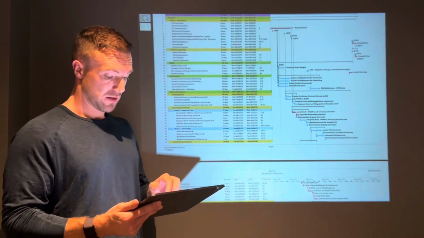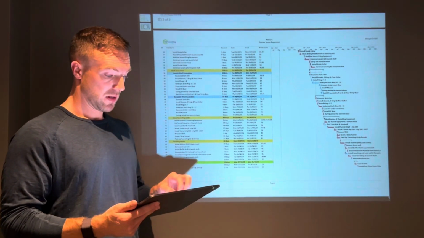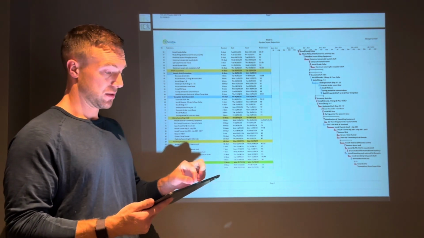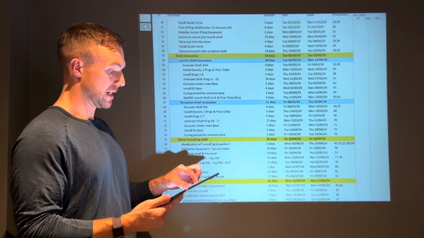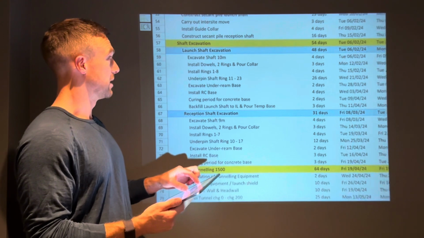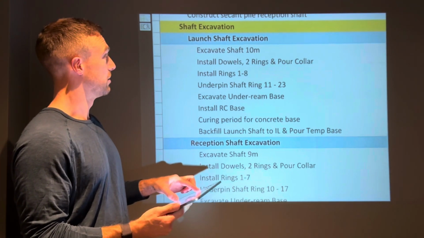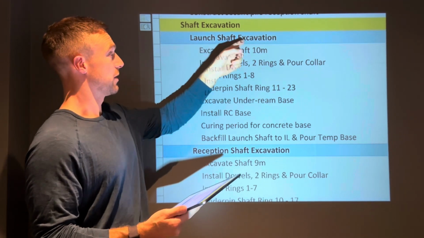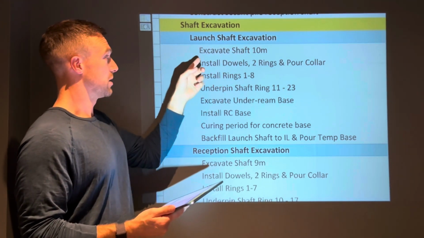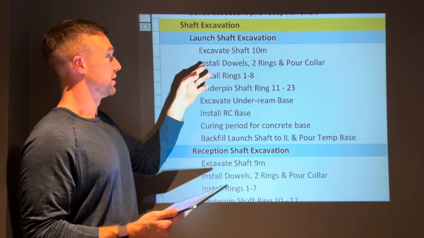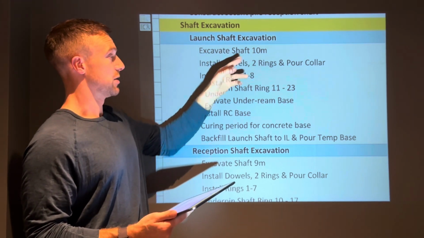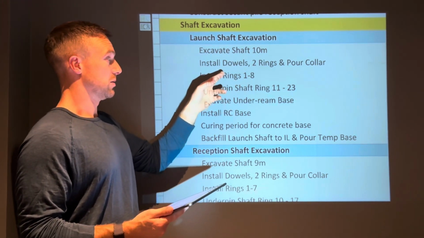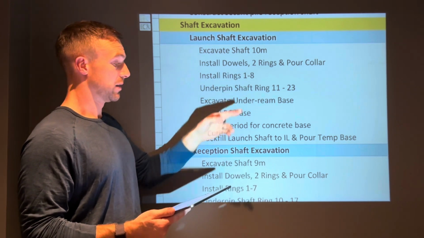Trying to think if there's anything else to run through. As I was mentioning in my last video, you can break down the activity into greater detail, so you should be able to see that there. The overall activity is launch shaft excavation. For that activity, you've then got to excavate the shaft for 10 meters, install dowels, 2 rings, and pull the collar.